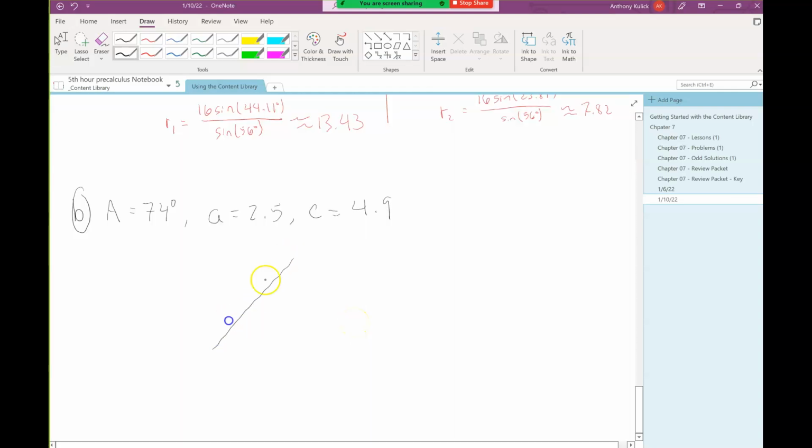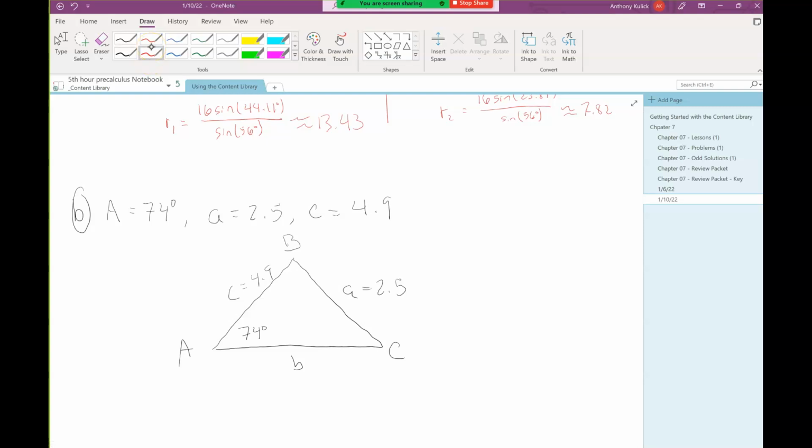So we'll draw and label our triangle. So I know I have a side a and a side c, so I need angle C, and why wouldn't I name my third angle B? Because, well, the alphabet. So A, B, C, 74 degrees, 4.9 units, 2.5 units.